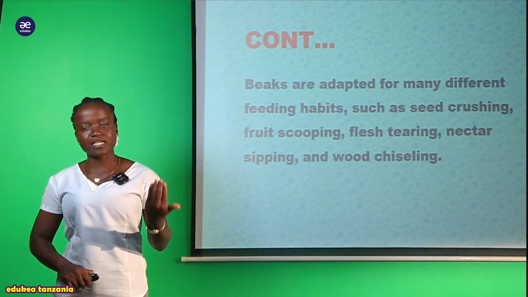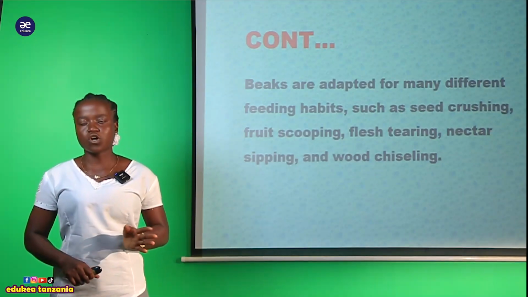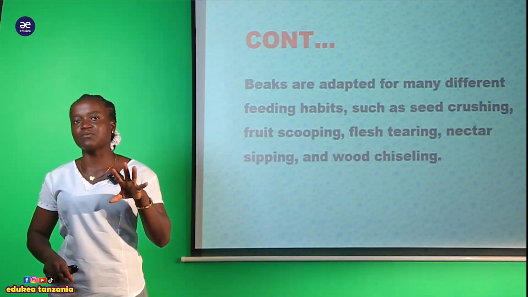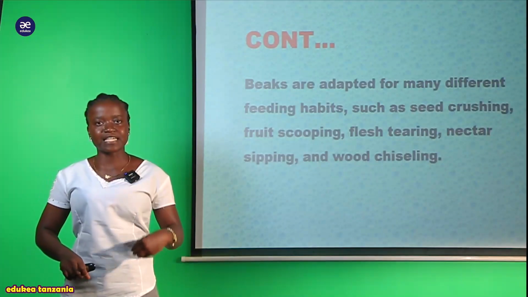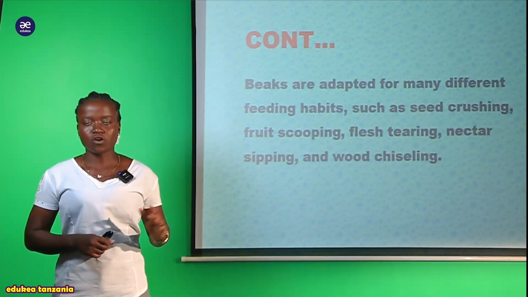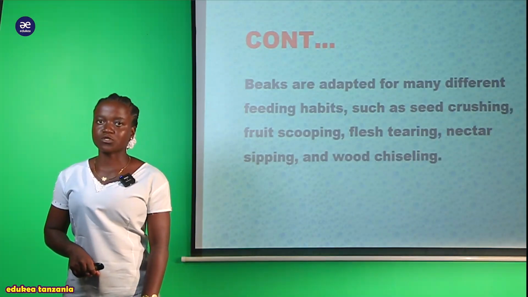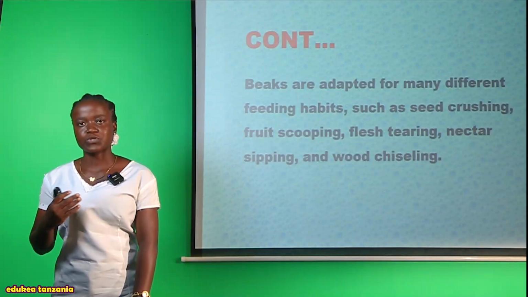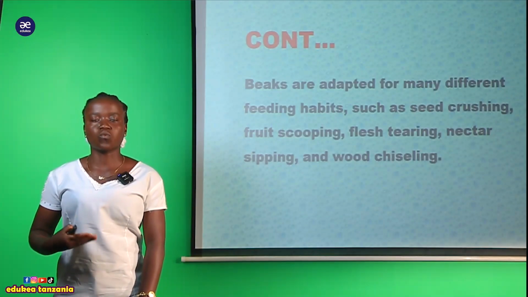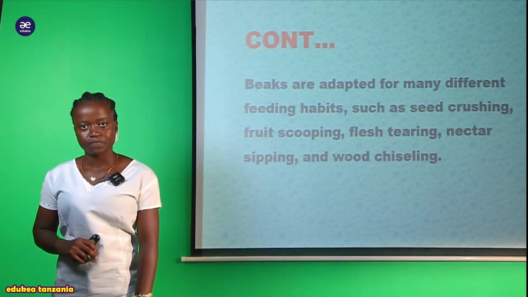They are taking in nutrients from the fruits. So their mouth parts will be specialized for such a structure so that they can take in food. Mainly we are talking about the beak, or mouth part, being specialized according to what kind of nutrient the organism takes in.